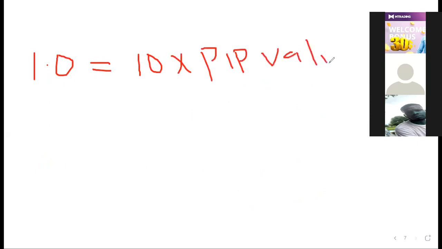If someone else uses one standard lot, to get the value in amounts, you multiply 10 by the pip value, which is, in this case, 50 pips, right? 10 multiplied by 50, which is 500 USD.